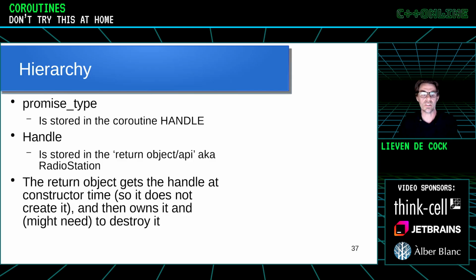Now, our radio station class is going to get that handle at constructor time. So it's not creating it. The compiler is creating that handle and is going to pass it on the moment it calls the constructor of our radio station.